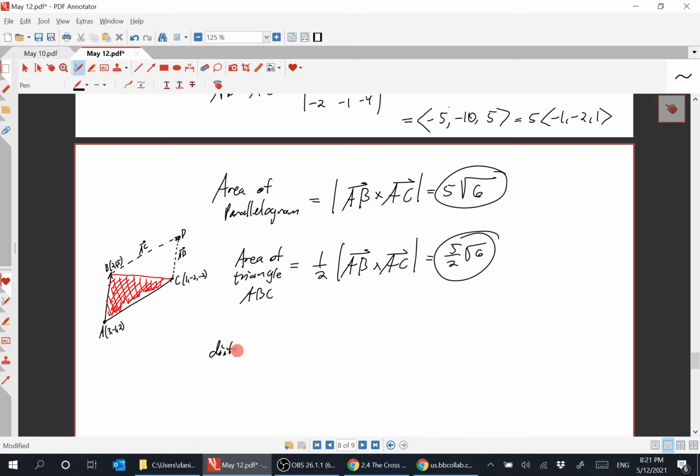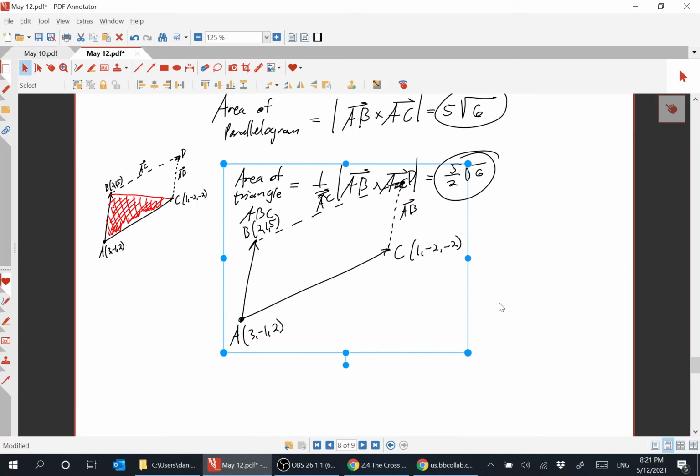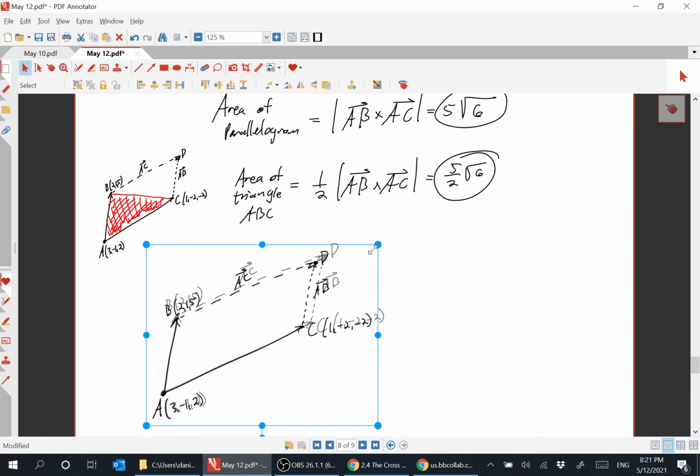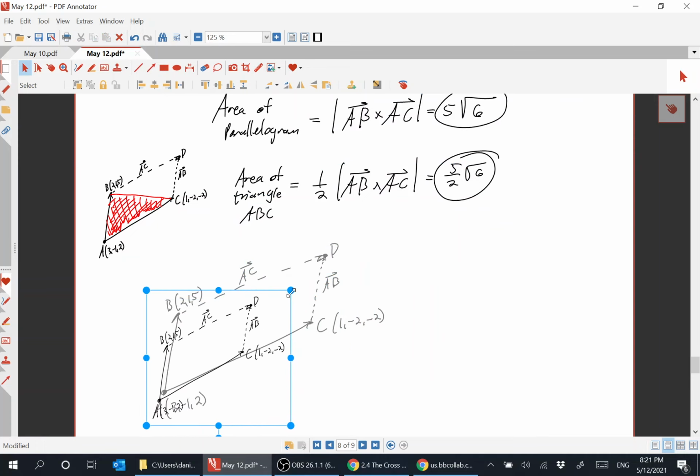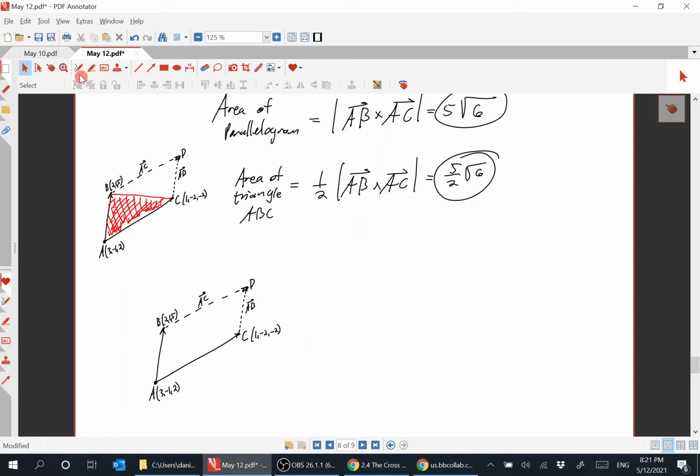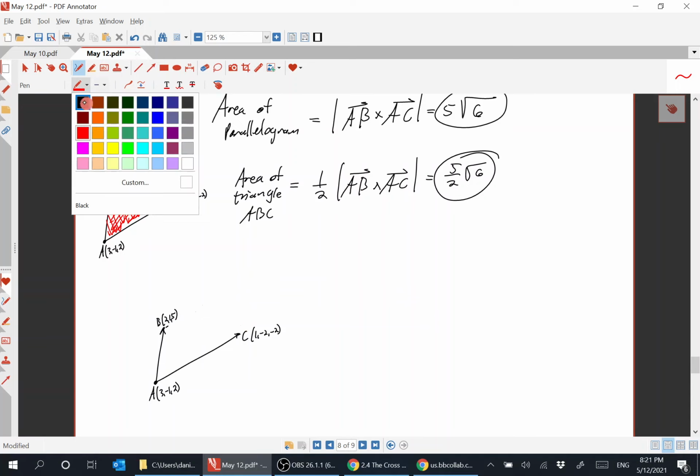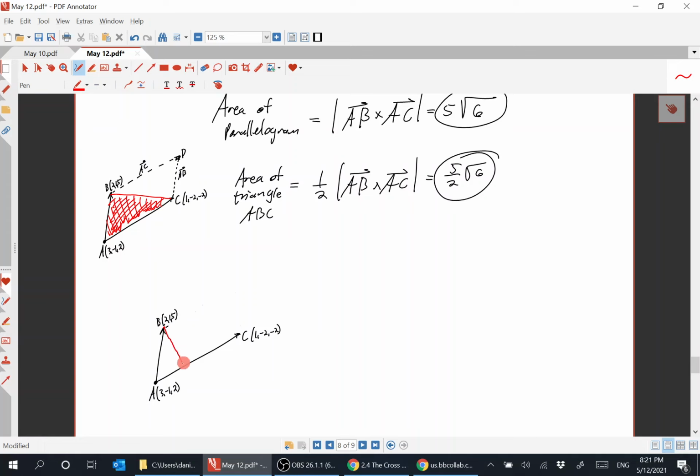So the distance. Let's draw it so we know what we're looking at here. Right, so we can forget all about that now. So the distance of point B to AC is right there. So that is the length of AB times sine of theta.